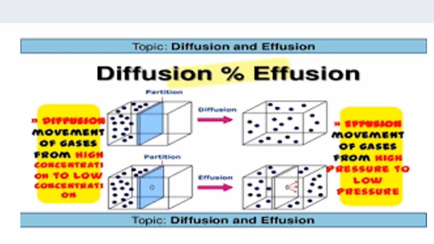Now here's a little bit of terminology again. We're looking at diffusion versus effusion. Your topic here is diffusion and effusion. When I look at diffusion, which is demonstrated at the top, the rate of this movement is a function of temperature, viscosity of the medium, and the size of the mass of the particles.